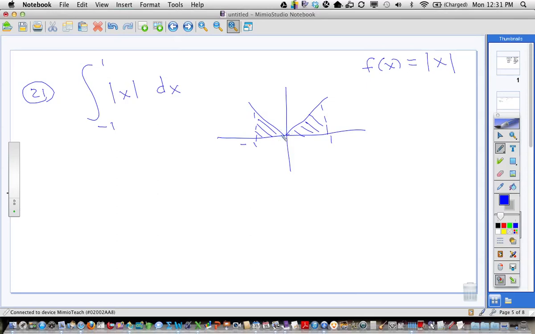What's the area of this triangle on the left? 1 times 1 is 1, half of that is a half. What's this area? Also a half. Half plus a half, 1. Area is 1. So that's one way to do it.